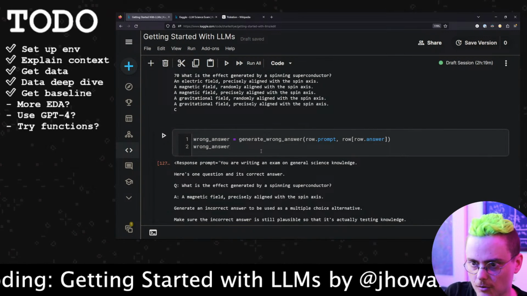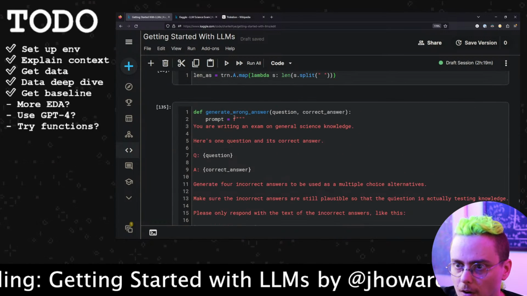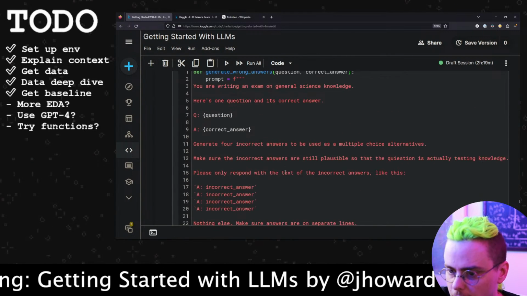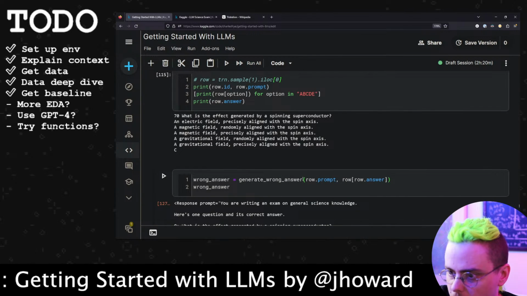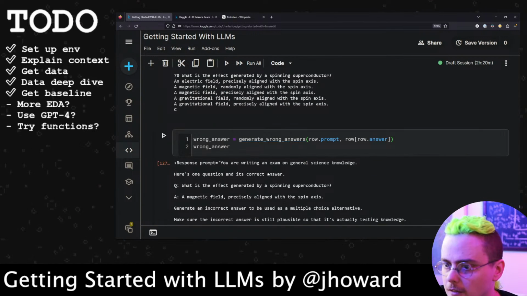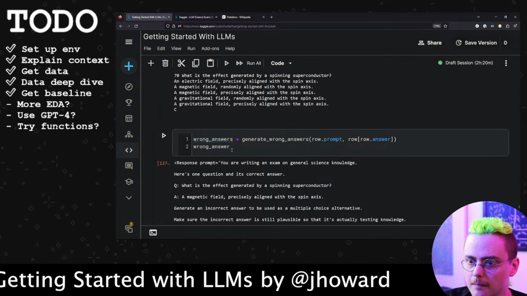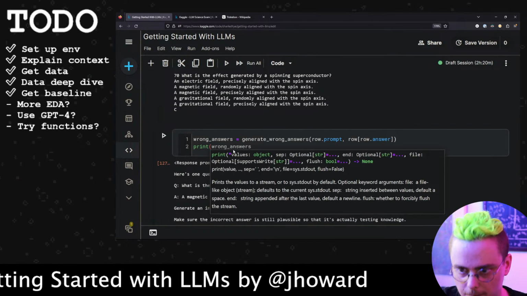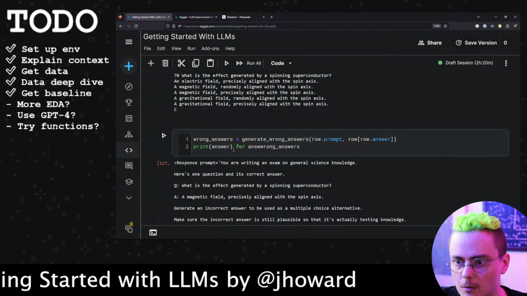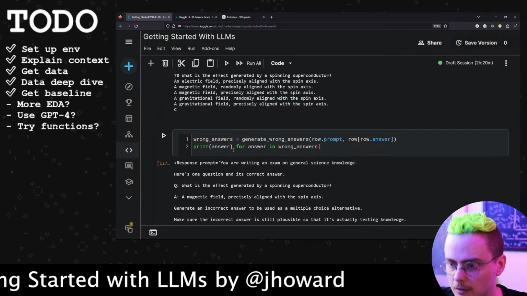All right. So then, generate wrong answer. We should really call this generate wrong answers instead of generate wrong answer. It changed the behavior of the function, so the semantics changed the name. Wrong answers. And then let's print answer for answer in wrong answers.